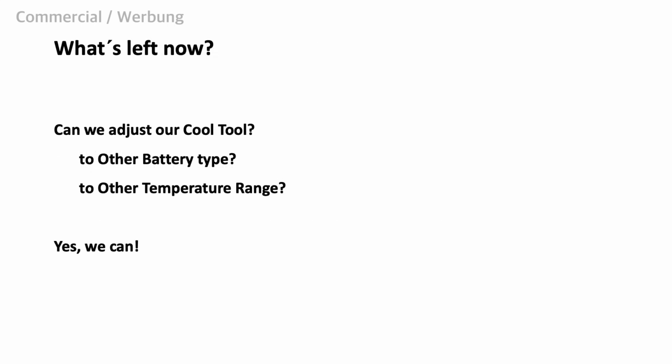A further interesting question is now: can we adjust our tool to another battery type or to another temperature range? Yes, we can. We switch over to the tool and I will show you the magic.